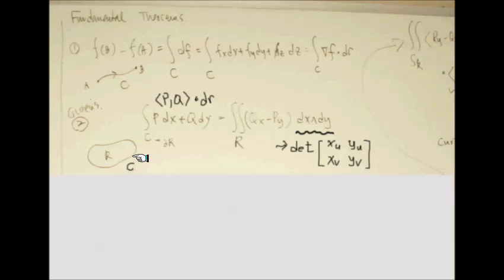Then Green's theorem says, as we did for the line integral of a gradient vector field, we can bring that inside the integral by differentiating this function. Basically that's shorthand, and we fully understand what we mean by df in here. It's shorthand for all this with the missing dt.